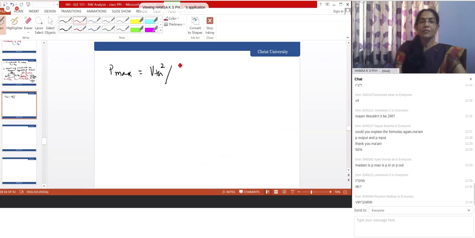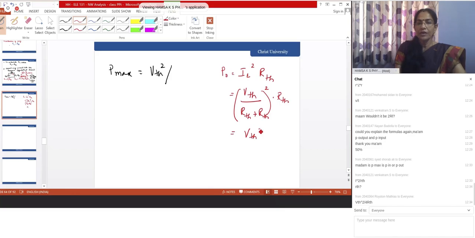So P max is nothing but equal to P output, isn't it? P output is IL squared into RTH. What is IL? IL is nothing but VTH divided by RTH plus RTH, and this is squared. So VTH squared divided by 4 RTH squared, into RTH.